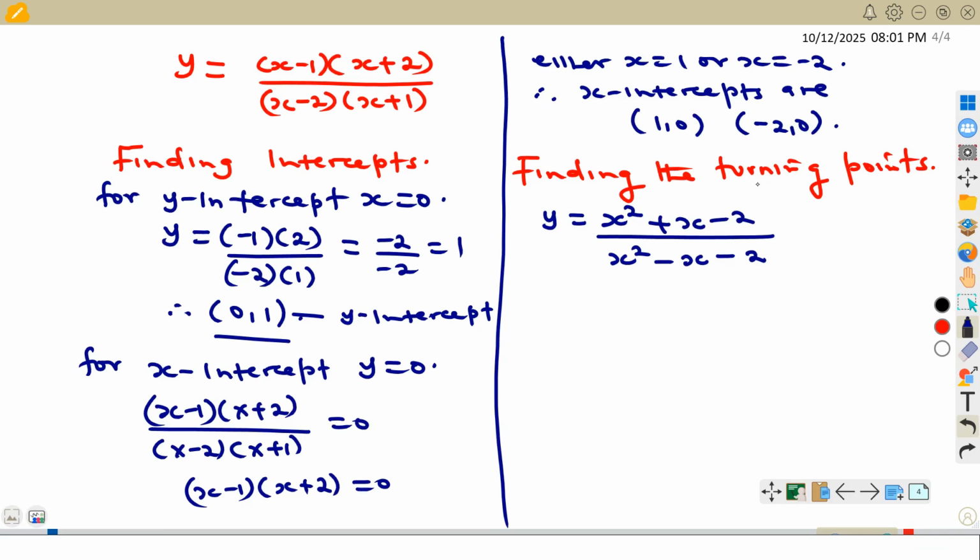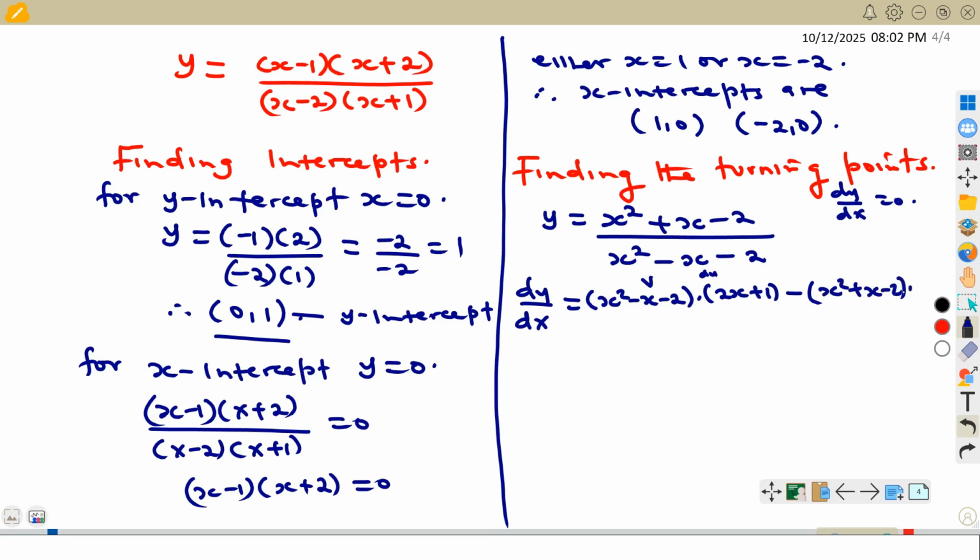For the turning point, we know dy/dx is equal to 0. So first of all, we need to get dy/dx. Using the quotient rule, dy/dx will be v, which is x squared minus x minus 2, times du/dx, that is 2x plus 1, then minus v du/dx... rather minus u, where u is x squared plus x minus 2, times dv/dx, which is 2x minus 1, divided by x squared minus x minus 2, the whole squared.